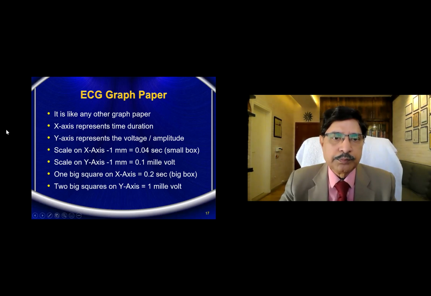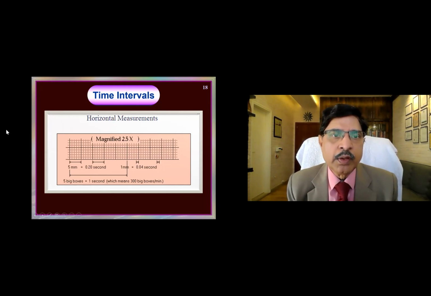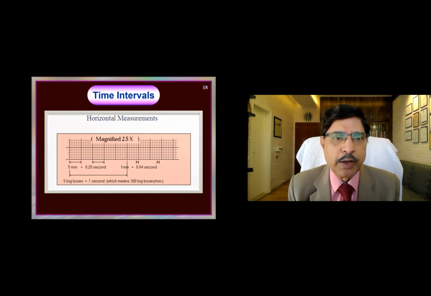Okay. Now, I've given a bigger paper. I am showing it now instead of a smaller paper. As you can see again, there are smaller squares and there are darker lines also. So we know that the 5 small squares will require a distance of around 5 millimeters, and that is 0.2 seconds because 5 into 0.04.